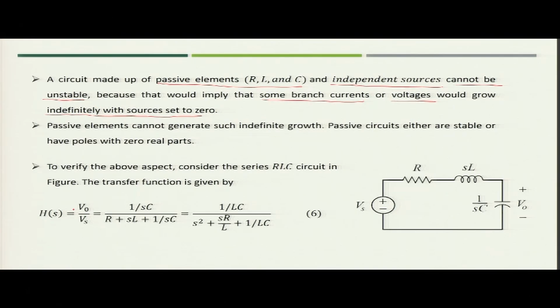Let us see the example that we also discussed in the previous lecture. If it is a series RLC circuit, we can say that Vo by Vs can be represented as 1 upon LC divided by s square plus R by L s plus 1 by LC.